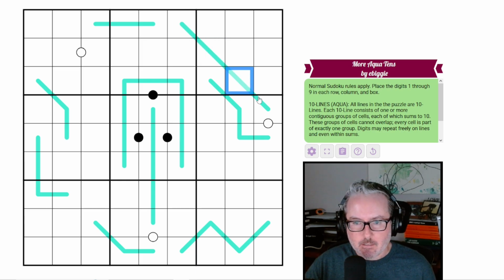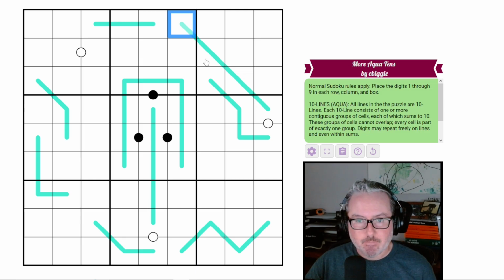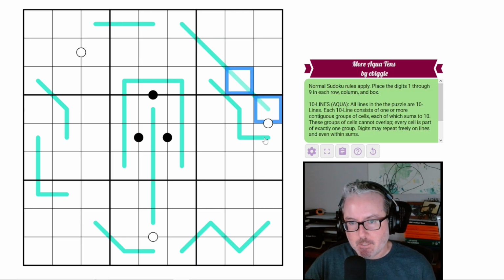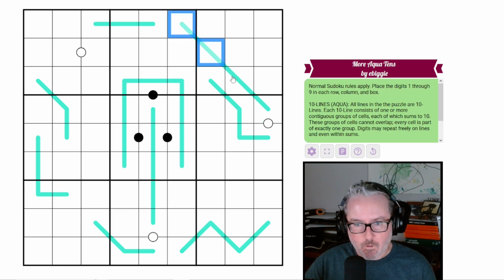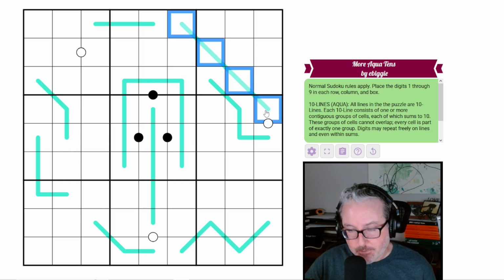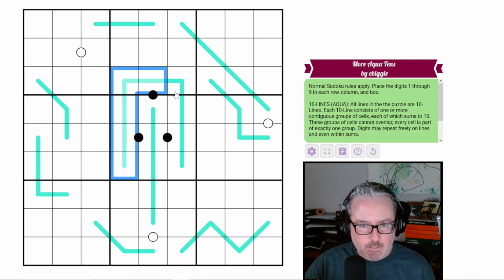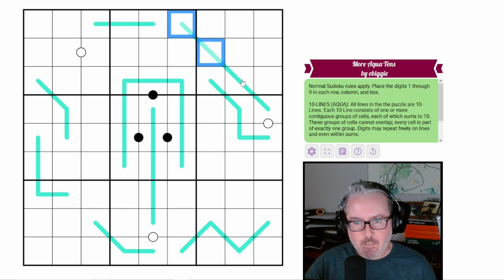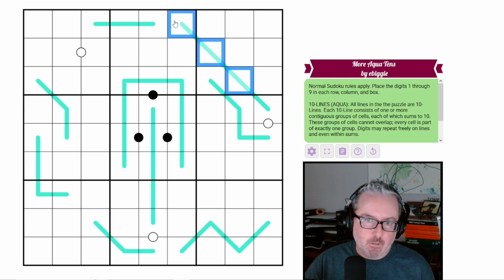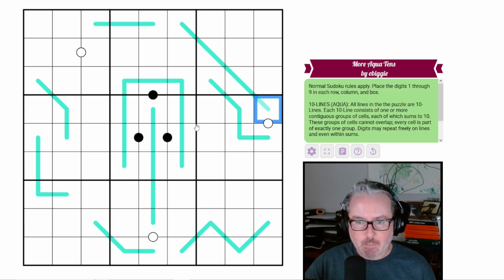So let's say like this line here. We're going to have to divide it up into sections of 10. So these could be 10 and these could be 10, something like that. Or all of these together could add to 10, something like that. Let's look at this guy, because there's some situations where you can't put all these to be 10 because you can't make this one be 10 and we can't overlap.